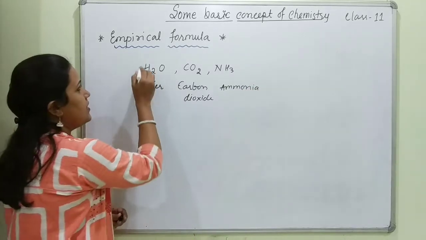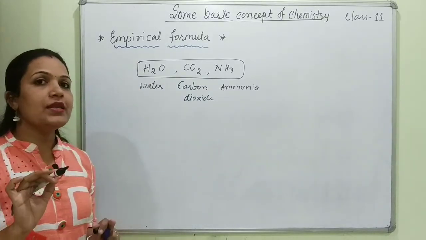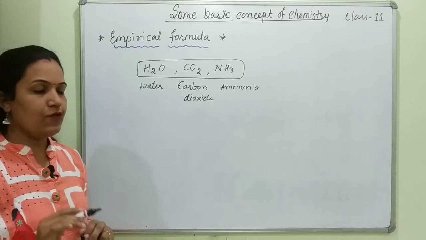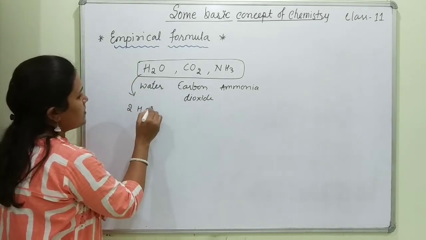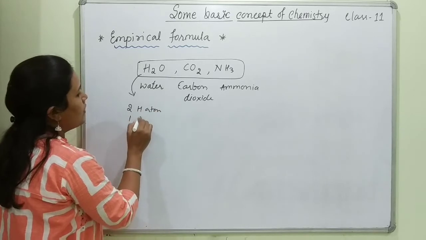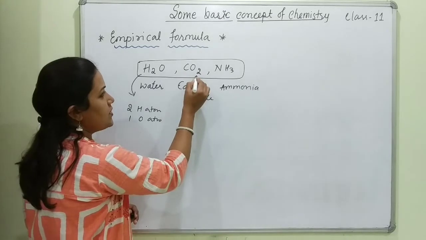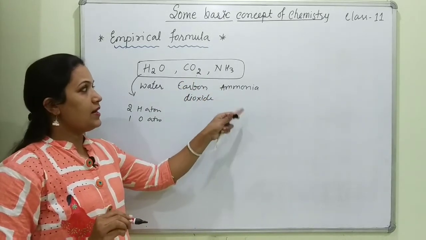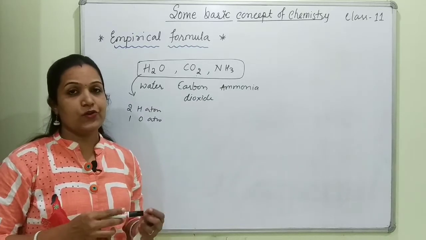We observe that all these formulas show how many atoms are there. In water, 2 H atoms and 1 O atom. In carbon dioxide, 2 oxygen atoms and 1 carbon atom. Similarly, in ammonia, 1 nitrogen atom and 3 hydrogen atoms.